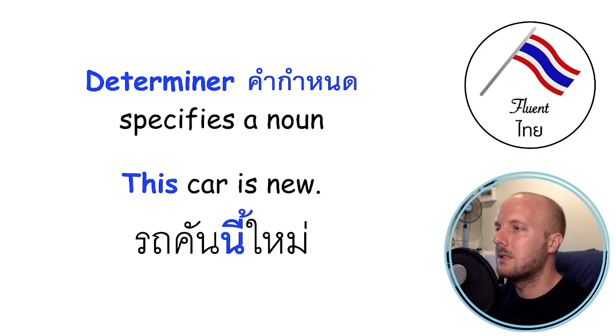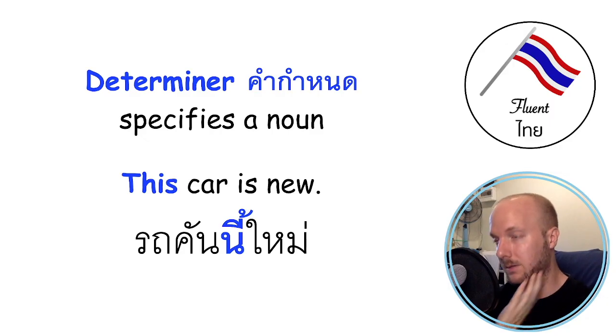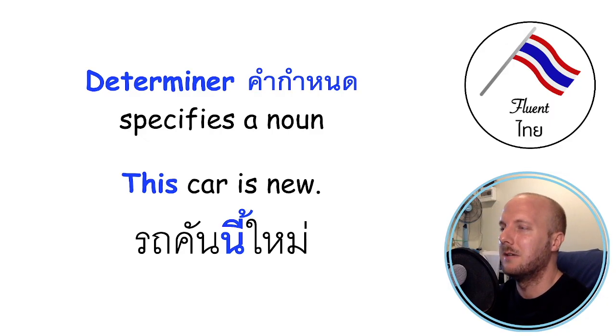We'll learn about these in a later course. I'm just telling you the word types at the moment. So รถคันนี้ใหม่. So คัน, here we go. We're learning another classifier now. คัน is the classifier used for cars. Funny enough, it's also used for cutlery. So you'd say like ช้อนหนึ่งคัน, so one spoon. I don't know why the same. Maybe it's because they're made from metal.